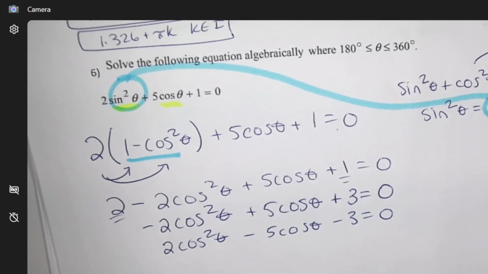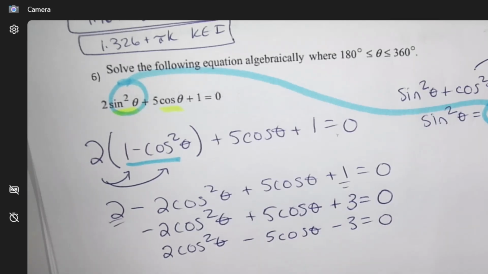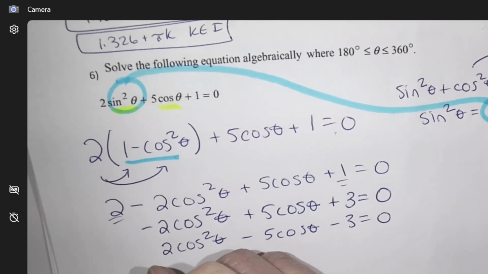I have just this cos squared and a cos. I have 2 variables, but they're the same idea, at least, right? Not like before with the sines and the coses. You can't do that. Equals 0. That's good. Now I'm going to try to factor. This would be a, what style? Complex. Okay, so I'm going to try.